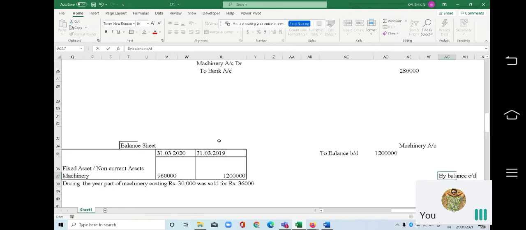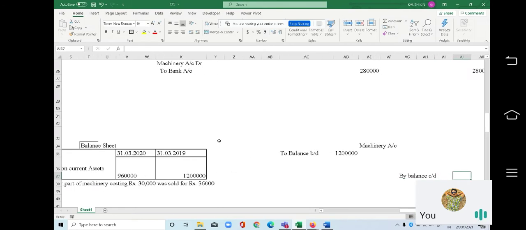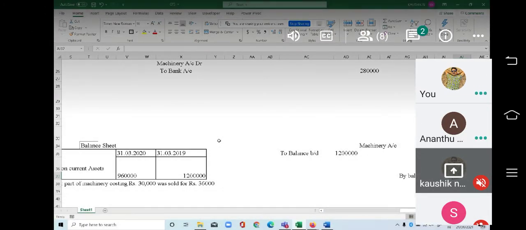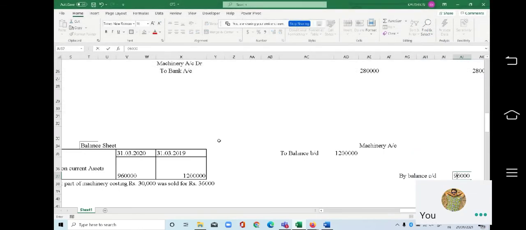How much is the closing balance amount? Good. 9 lakh 60,000. Recorded both.